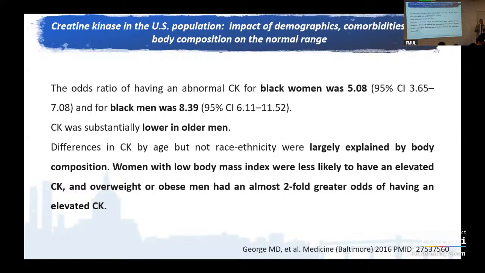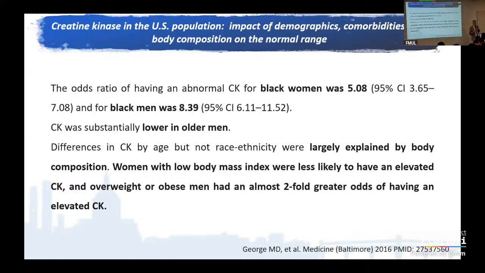This may be due to several factors, maybe to the muscle wasting that could occur in older people, but it's important to remember that we should also consider body mass index as an indicator of CPK, because people with low body mass index were less likely to have elevated levels of CPK.